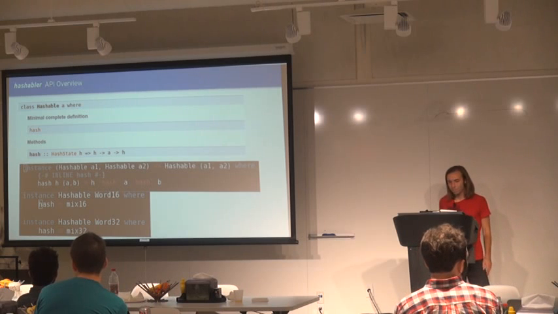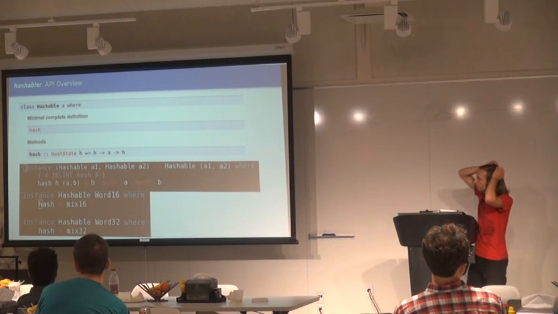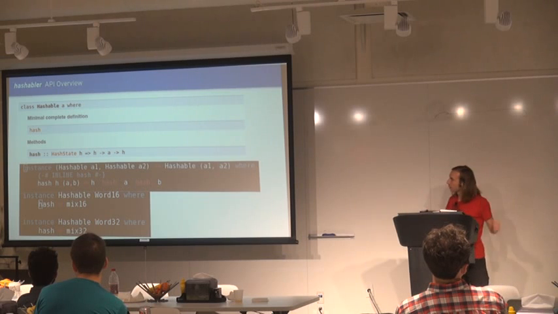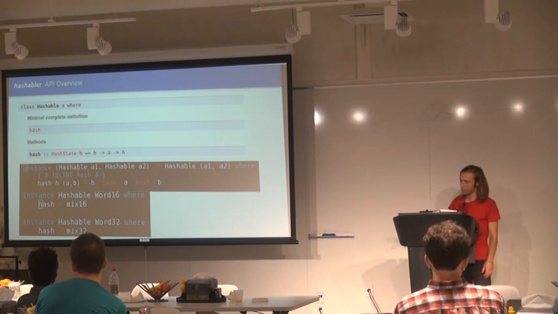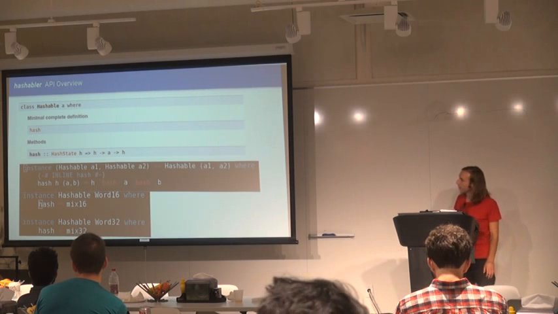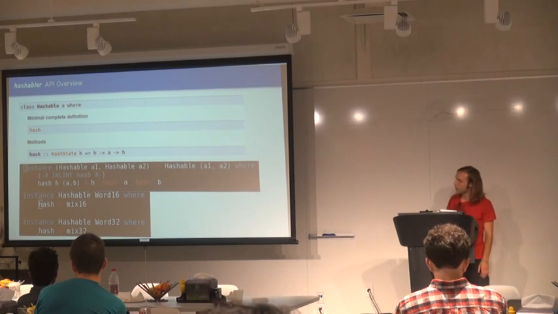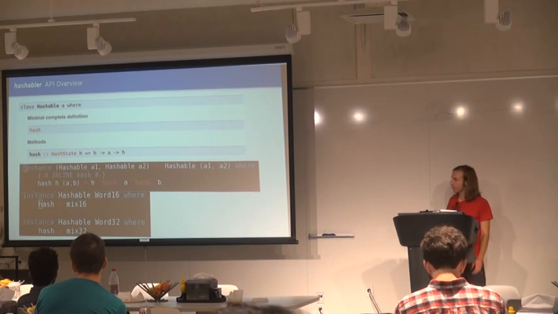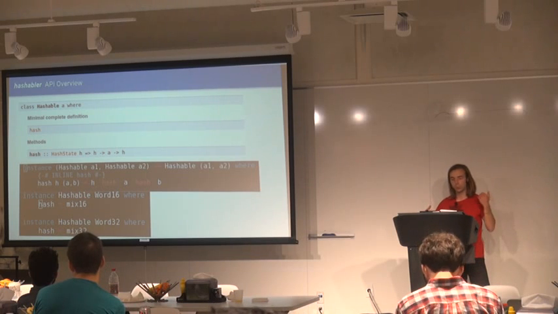hopefully. So this is the hashable class, and it's what users use to define hashable instances for their data types. So these are not hash function authors. It basically defines how to deliver bytes to a hash function.